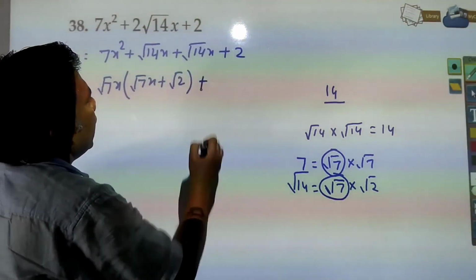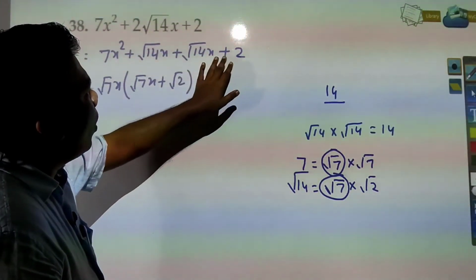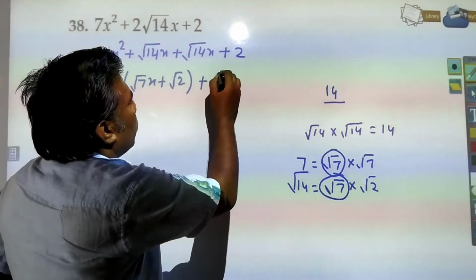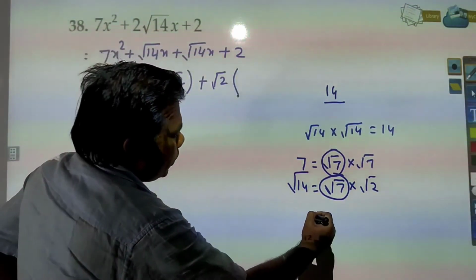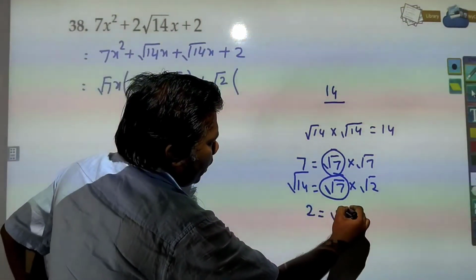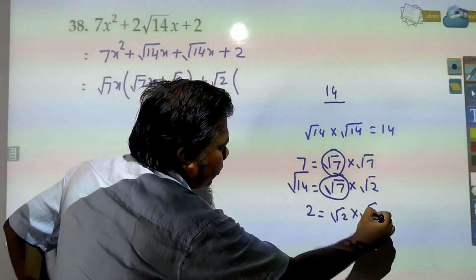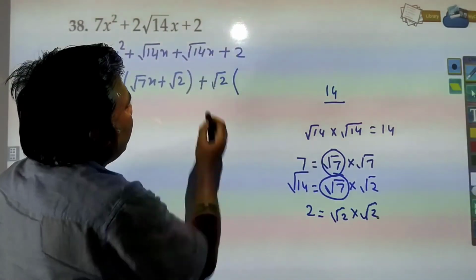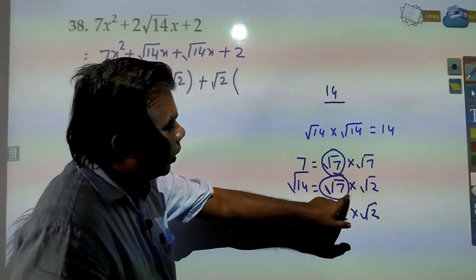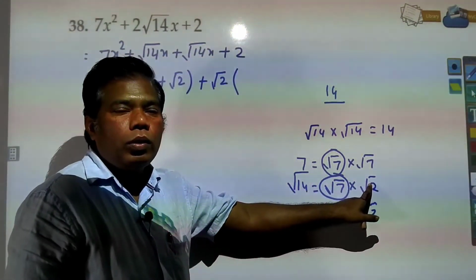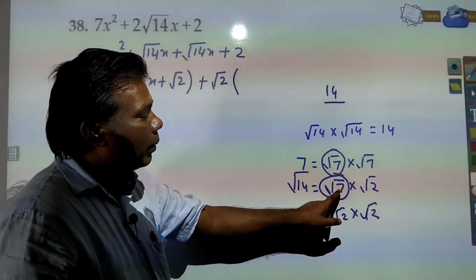And plus, again here we will take out common root 2. Just you see, 2 can be written as root 2 into root 2, and from root 14 if you are taking out root 2, then you will be left with root 7.